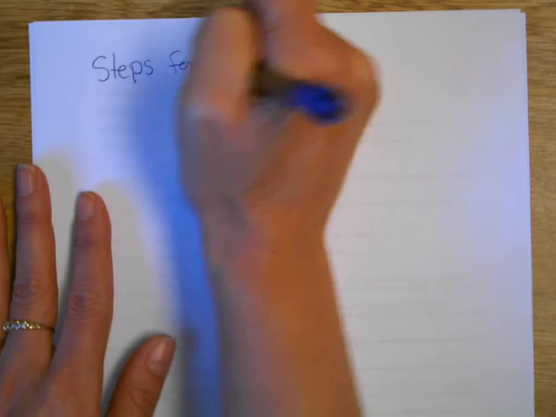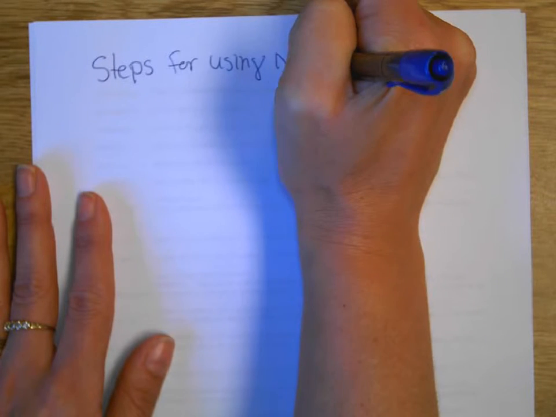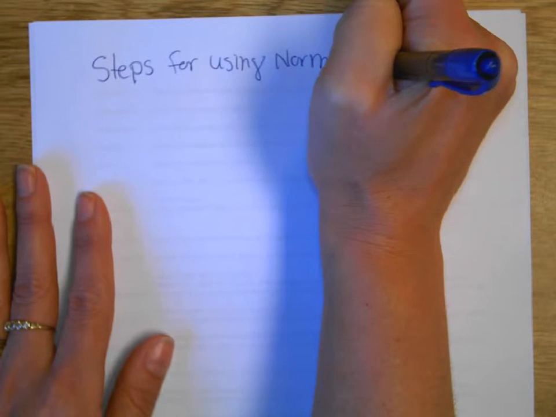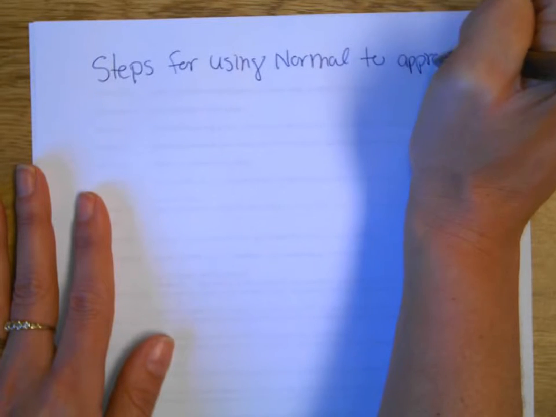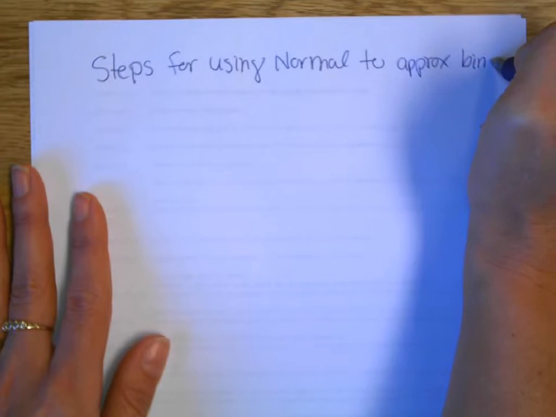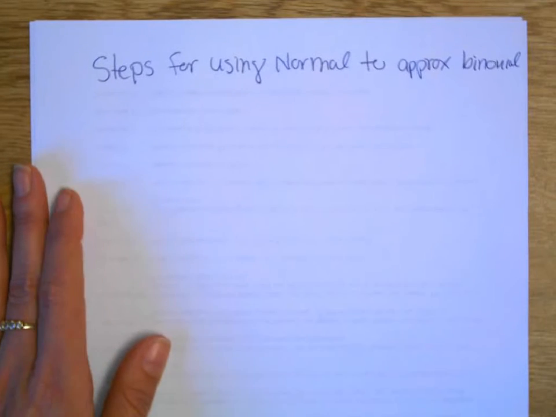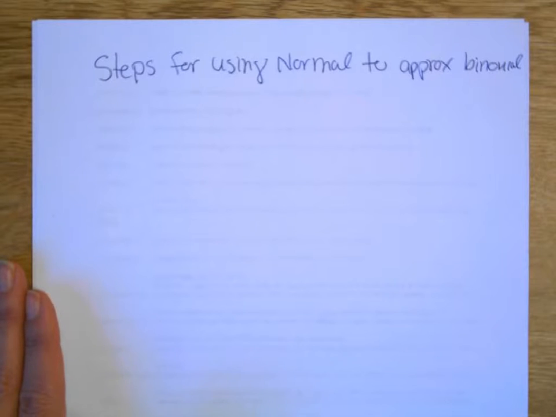The steps for using normal to approximate binomial. Using normal distribution. And it will tell you in the problems, use the normal distribution to approximate the binomial distribution.